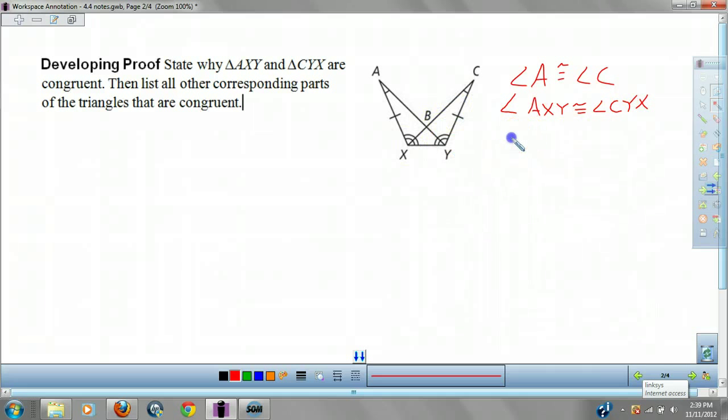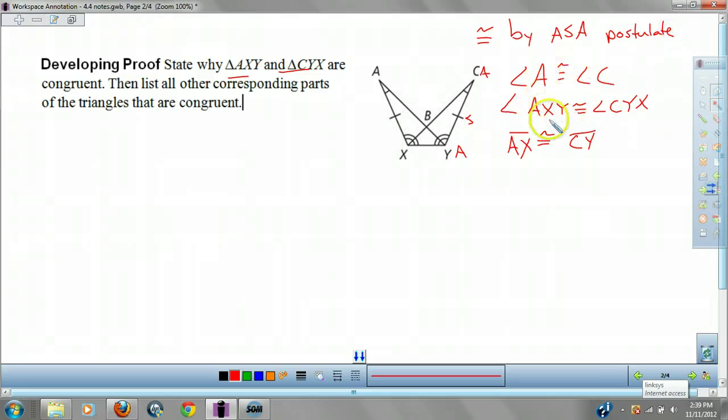And I can also see that segment AX is congruent to CY because they're marked. So we have an angle, a side, and an angle. So the two triangles are congruent by the angle, side, angle postulate.